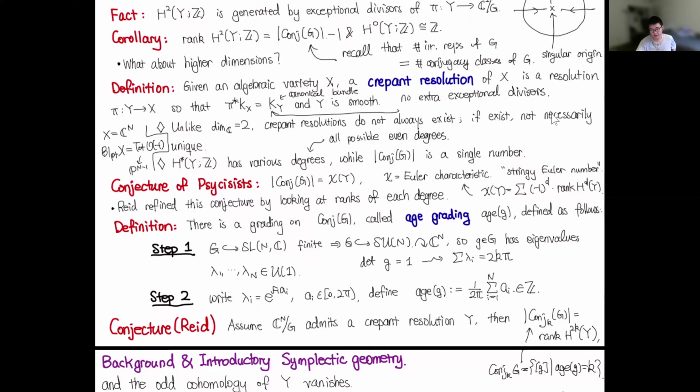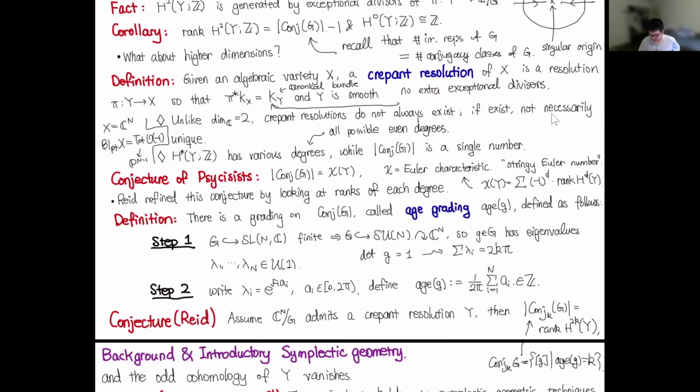And all the odd cohomology of Y should vanish. And this is the main conjecture.